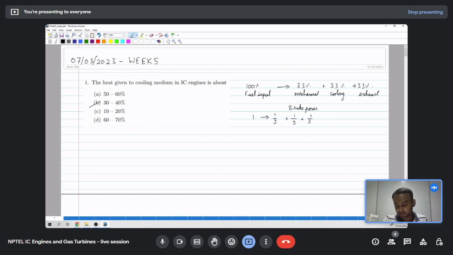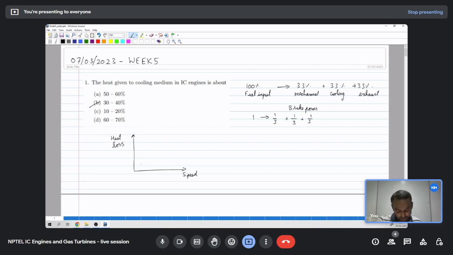So we will see how the heat loss varies with the speed. If the load is constant, and for a constant load with higher speed, how would the heat loss be?